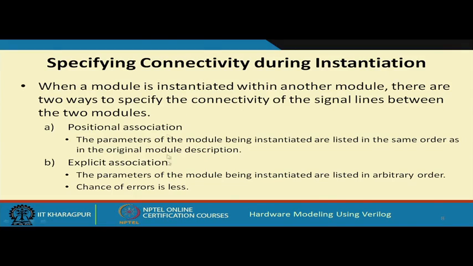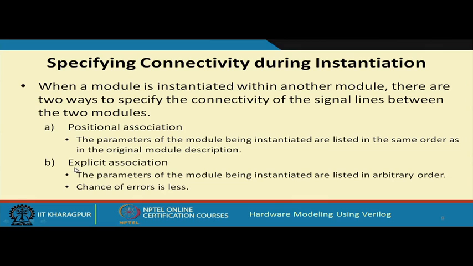There are two ways to specify this connectivity, how these input and output lines are connected. The first is called positional association, where the parameters of the module that is being instantiated are listed in the same order as in the original module description. In the original module description, let us say we are defining a full adder.